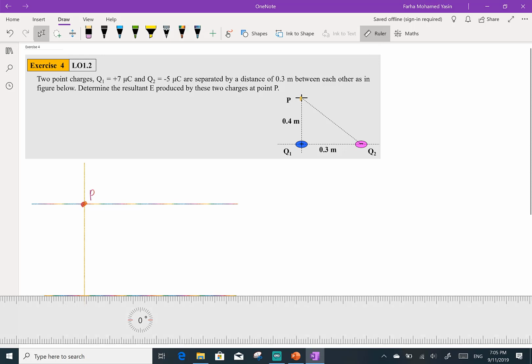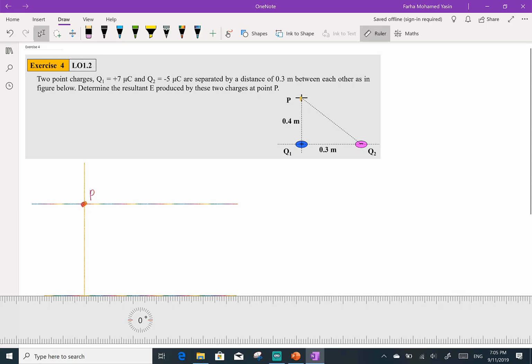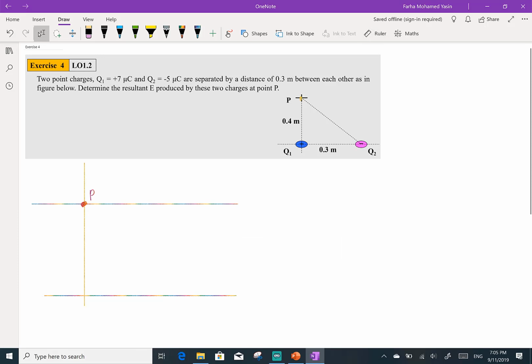We have Q1 and Q2. Q1 is positive and Q2 is negative.